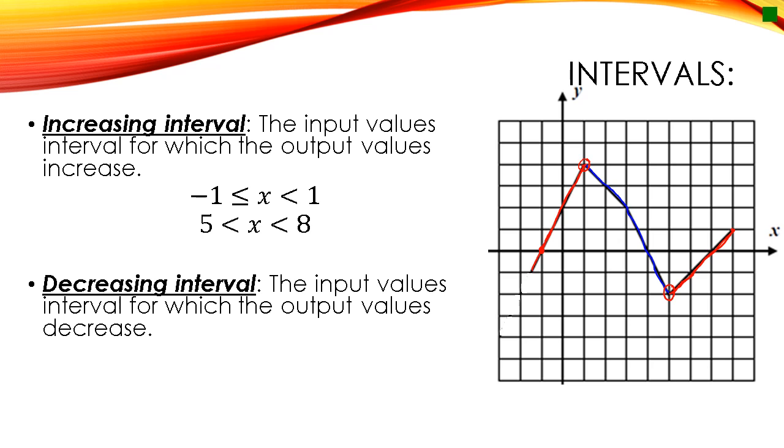So in this interval, we have all x values greater than 1 and less than 5. Again, we're not supposed to include the x values for the maximum or the minimum in increasing and decreasing intervals.